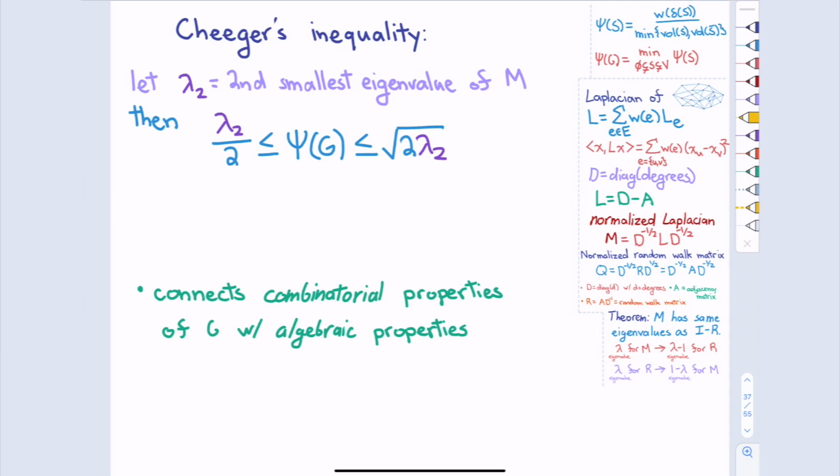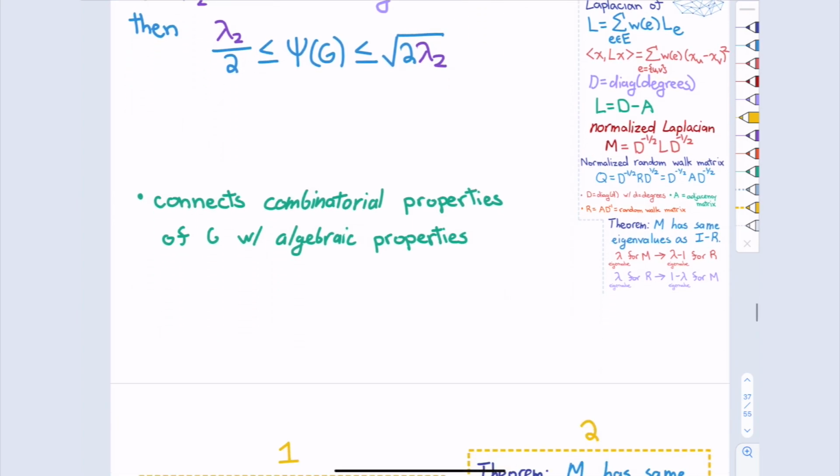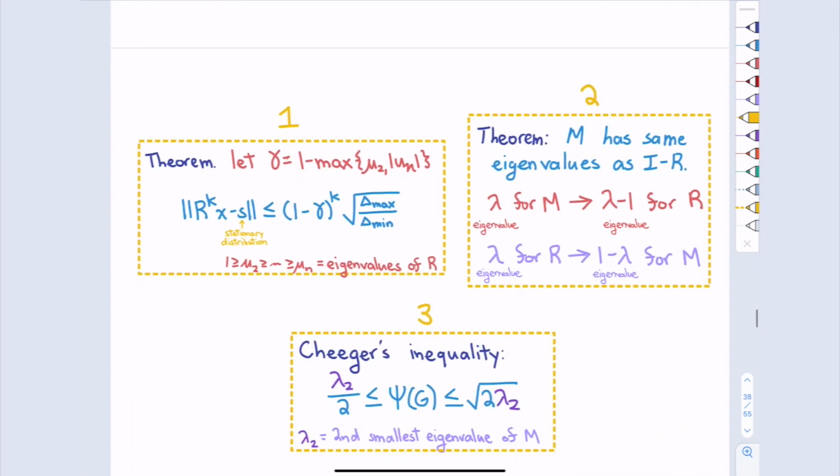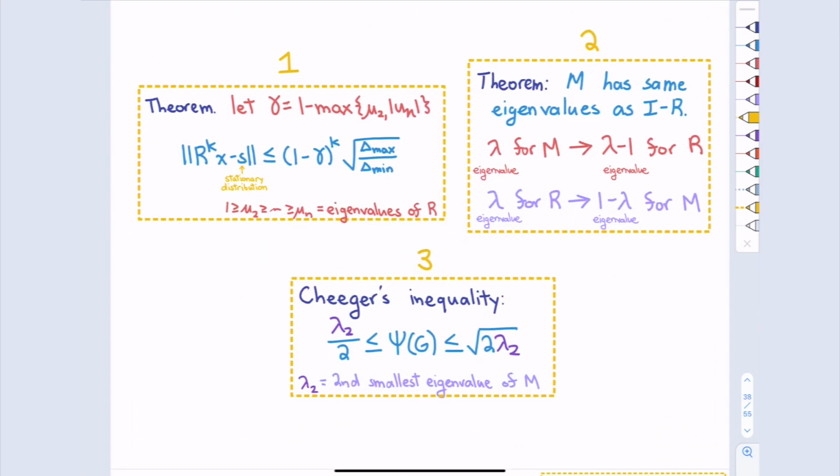Before trying to prove this, which will be most of our effort, let me put together some pieces of what we've already discussed. Here are the 3 pieces of the puzzle. From last class, the convergence rate has something to do with the spectral gap of the eigenvalues of the random walk matrix.